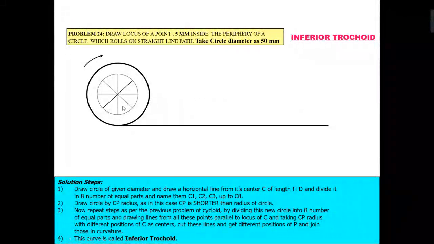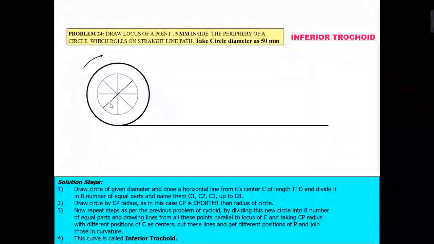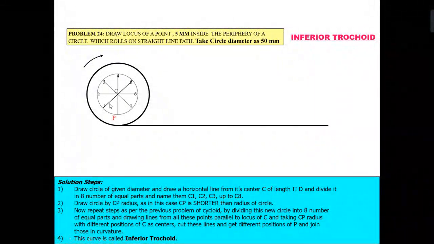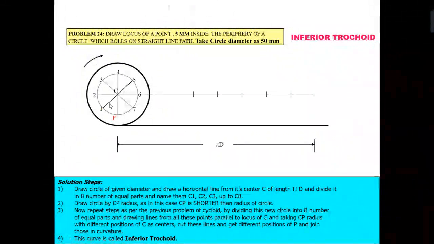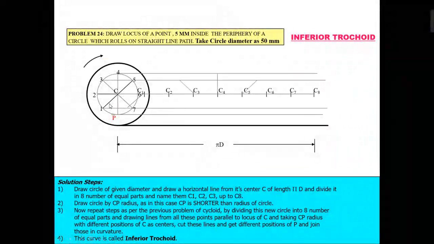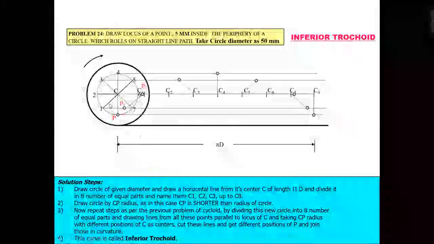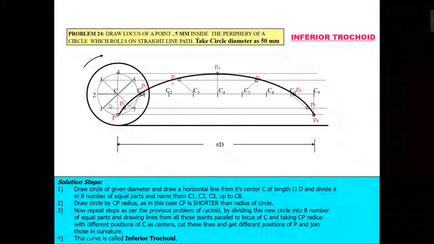First, you have to draw all the horizontal lines from the circle that is inside, and you have to cut the arc having a length of 20 mm from the center points. So you will get all these points and you can draw the curve.